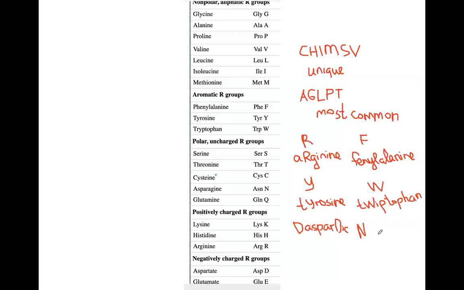Where do you think tyrosine was discovered? Who knows the French word for cheese? Fromage. I think it might be the Greek word, tyros or something.